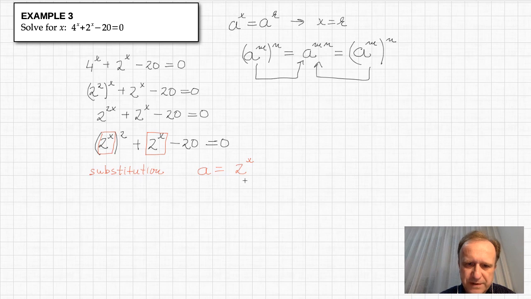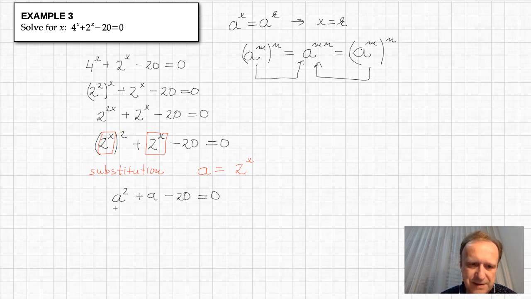Okay, so a equals 2 to the power of x. Let us name this 2 to the power of x thing by the name of a. If I do that, then the equation turns to the following form. a to the power of 2 plus a minus 20 equals 0. So this is what I get.